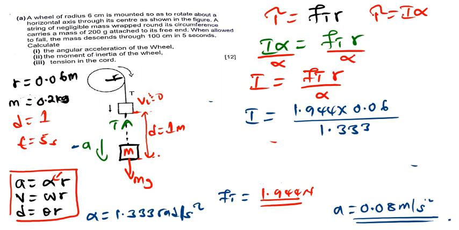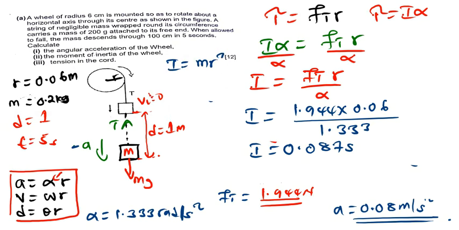So moment of inertia will be 1.944 times 0.06. I divide this by 1.333. So I'm getting moment of inertia to be 0.0875. Now inertia is mass times r squared.